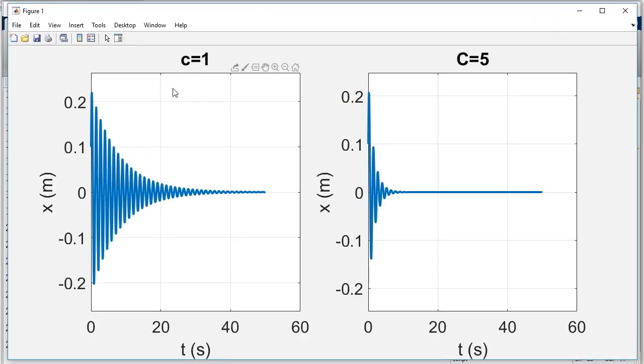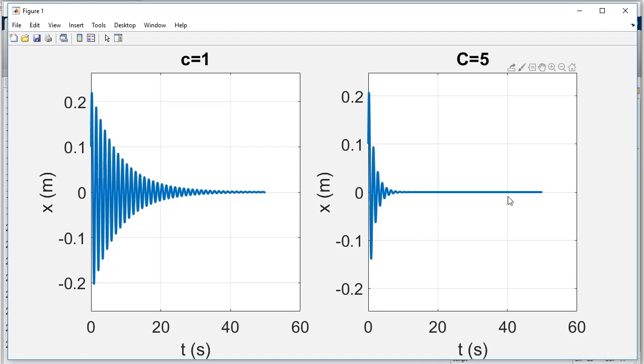There we go. So first of all, you can see that the oscillation is just damping out. The oscillation doesn't go forever. Maybe it's better to just compare when C is equal to 0 and C is not equal to 0, but you get the idea. I will do that comparison also. Here you can see that as we have more damping, after a few oscillations, the response just dies out and goes to 0.